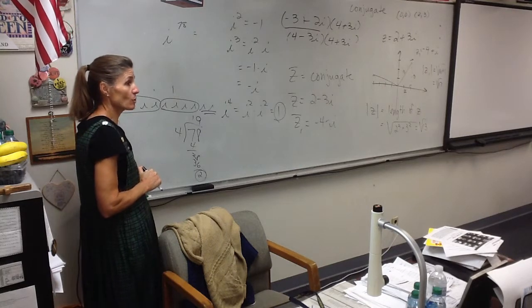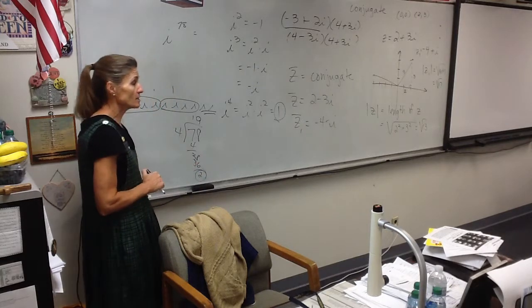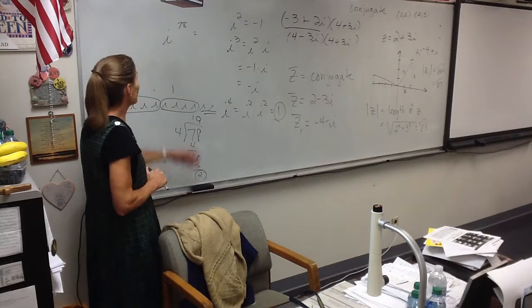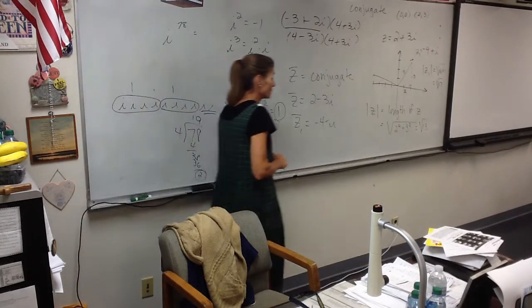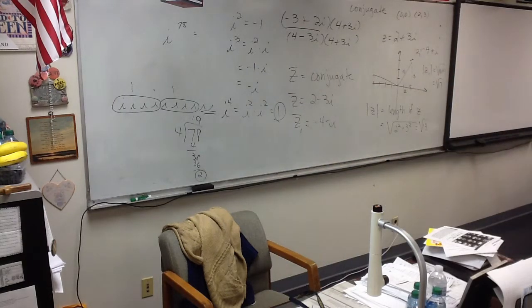So what's the answer to this question? Negative 1. i squared. So if we have a big power of i that we have to evaluate, we are simply going to divide it by 4 and examine the remainder. It's only the remainder you care about, because everything else is just 1.